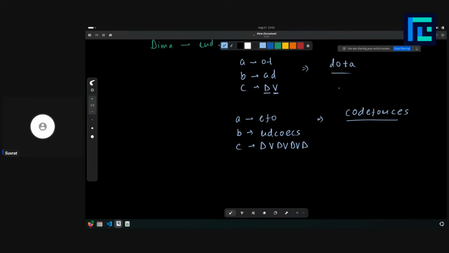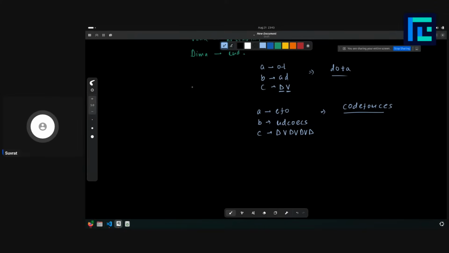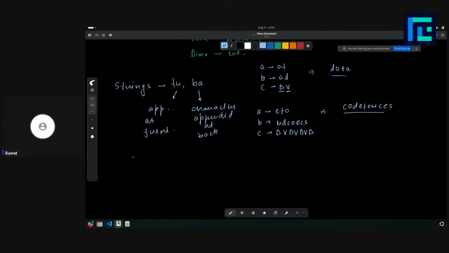So basically, to solve this problem, what we can do is maintain two strings, front and back. Back represents the characters to be appended at the back, and front the characters appended at the front.